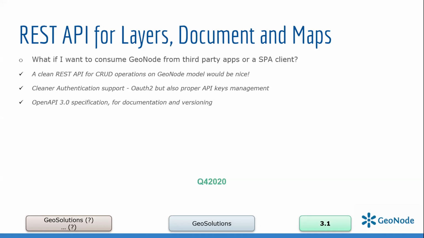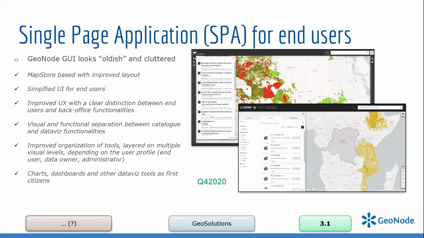Of course, cleaner authentication support for the APIs, the possibility to maybe implement the OpenAPI 3.0 specification, and also documenting those APIs officially so that other systems can benefit from the REST APIs of GeoNode.